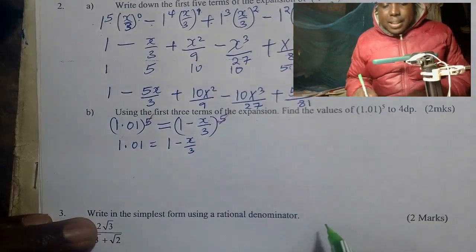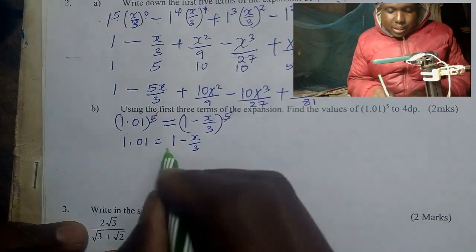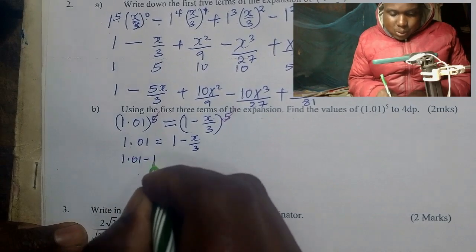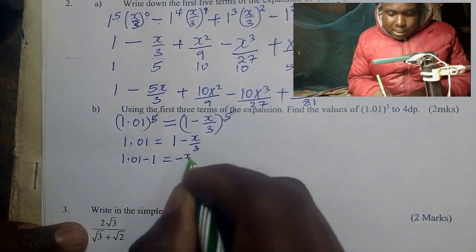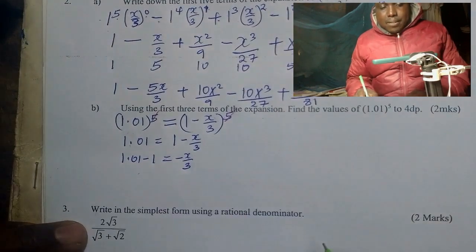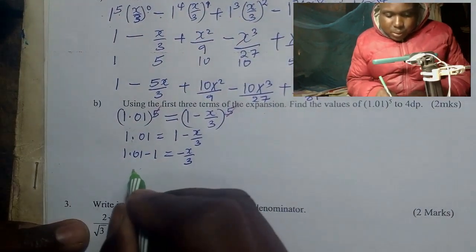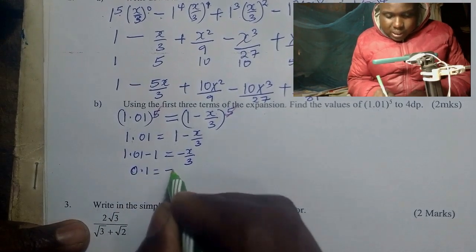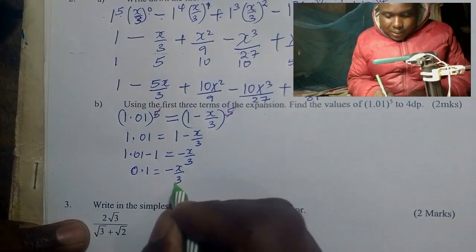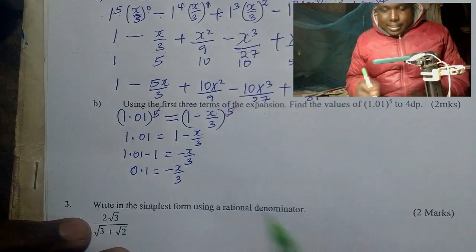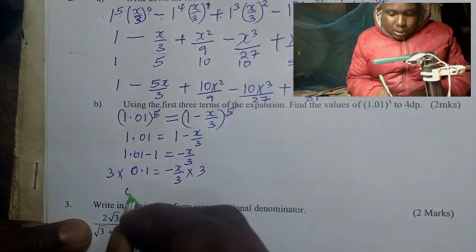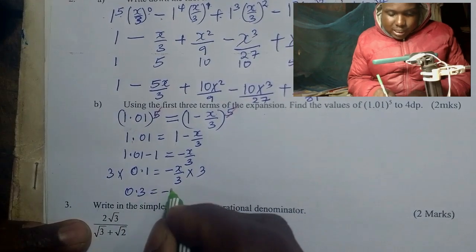Then bring like terms together: 1.01 minus 1 is equal to minus x over 3. So 0.01 is equal to negative x over 3. We want x, so multiply by 3. So 0.03 is equal to negative x.